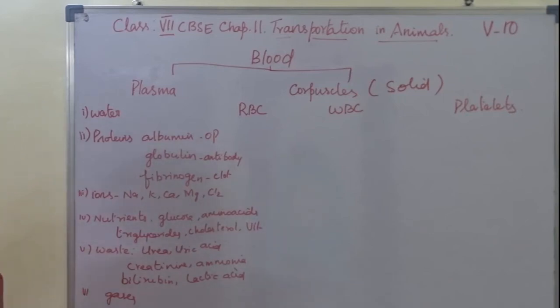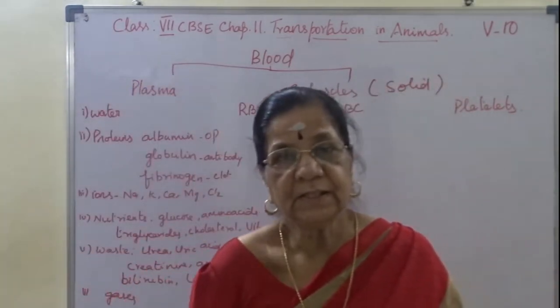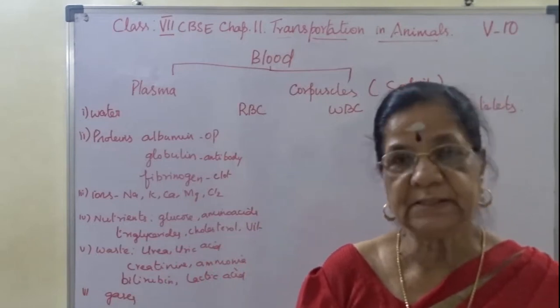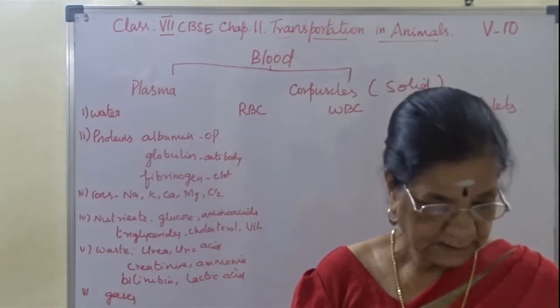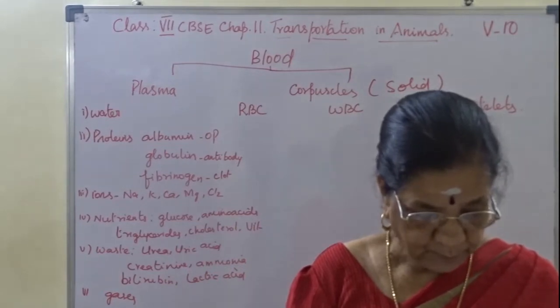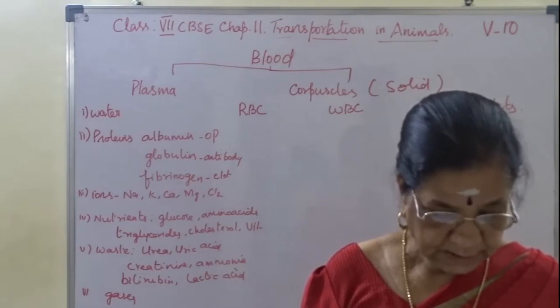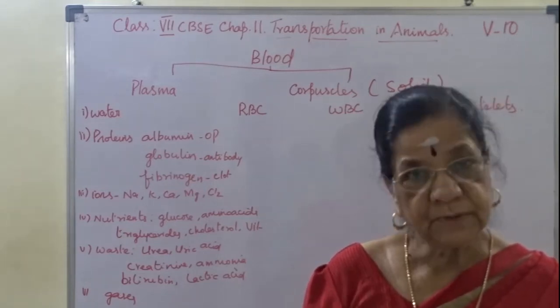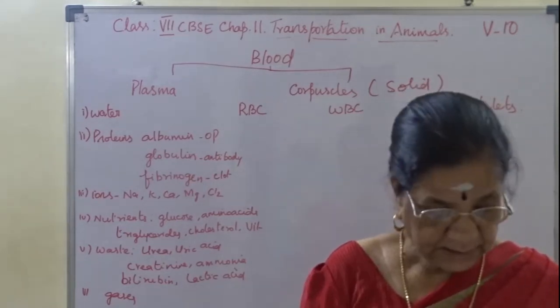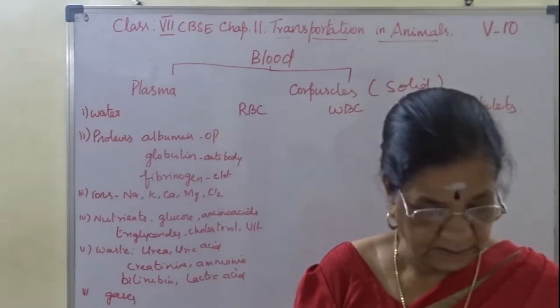Then waste products: urea, uric acid, creatinine and ammonia are excreted by the kidneys.